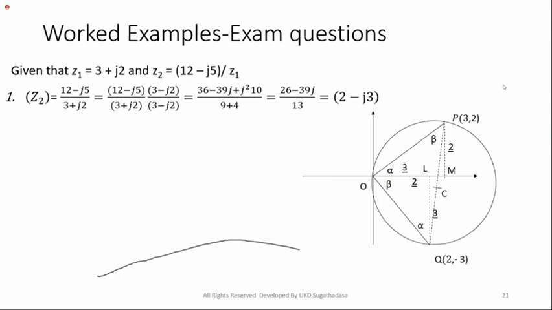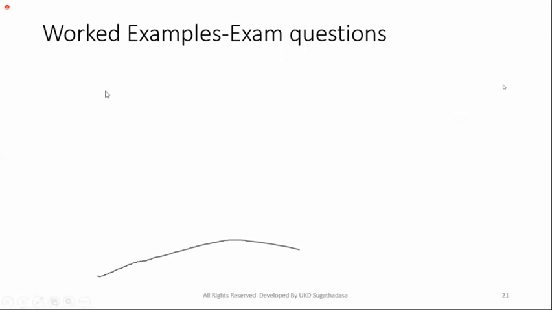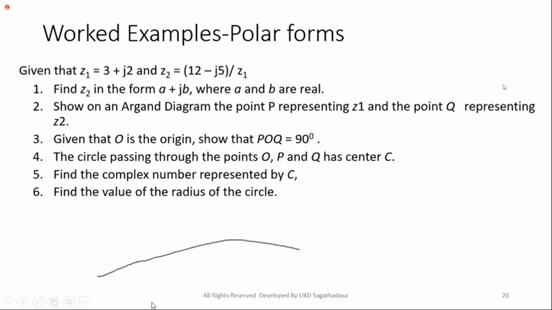What is in the question? If I go to the previous slide, just to see the question. Find Z2. Now, we have already done it. Show on the Argand diagram the point P representing Z1, and point Q representing Z2.